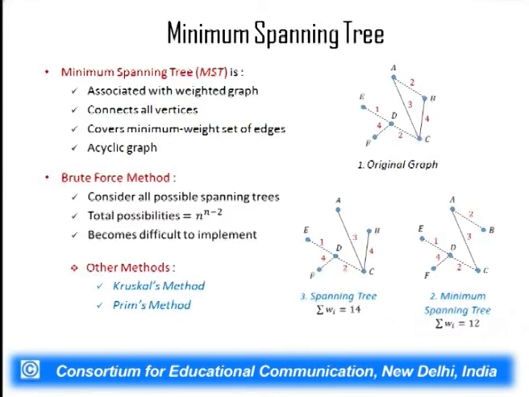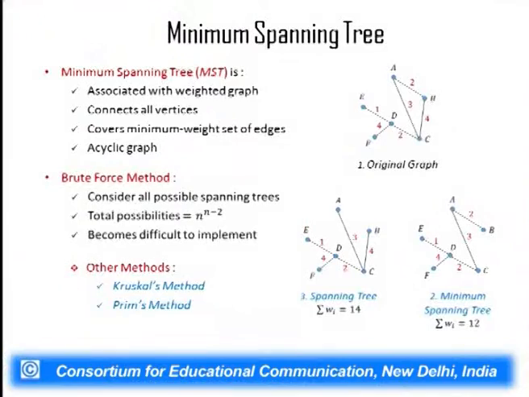We have seen what weighted graphs are, and obviously it will connect all the vertices because it is a spanning tree. The very important part is that it covers the minimum weight set of edges; the sum of the weights that the edges carry should be minimum, and it is an acyclic graph. Given an original graph, there are two spanning tree possibilities. The second one is a minimum spanning tree, but the third is also a spanning tree, though not a minimum one.